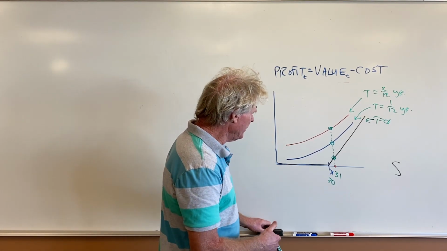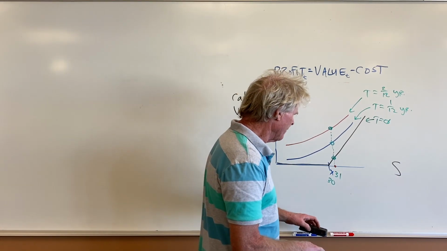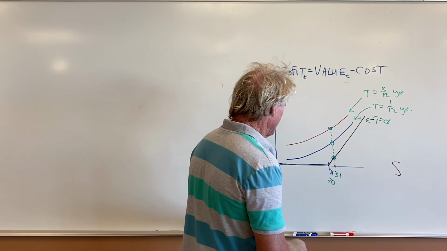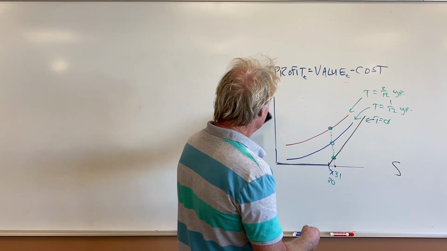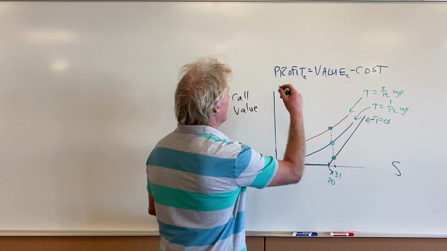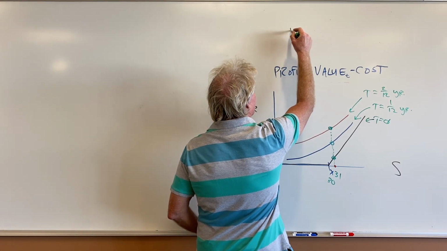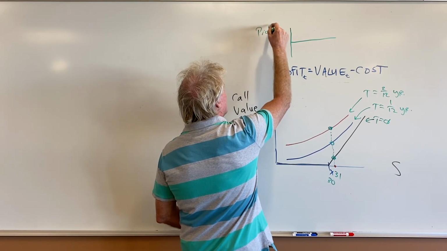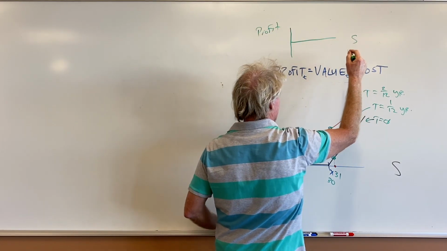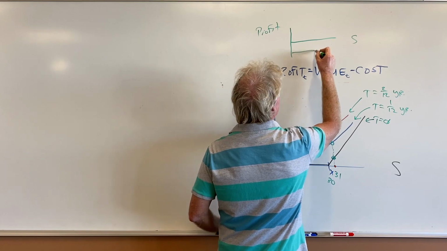And I can transform this into a profit diagram, and I'll do that up here. There's a profit diagram, profit as a function of stock price, and then we just have these down here.